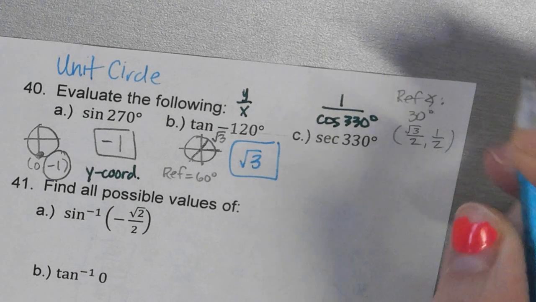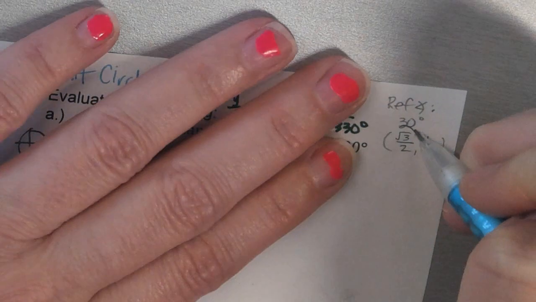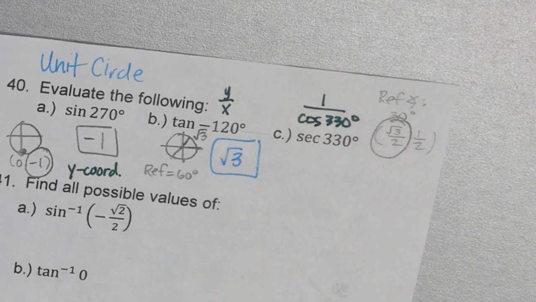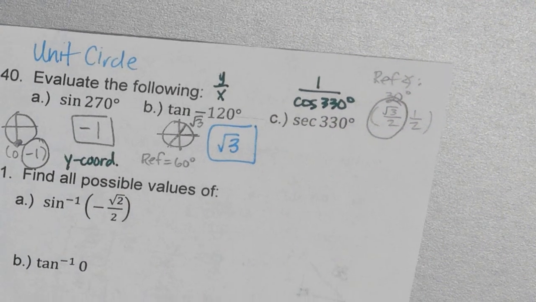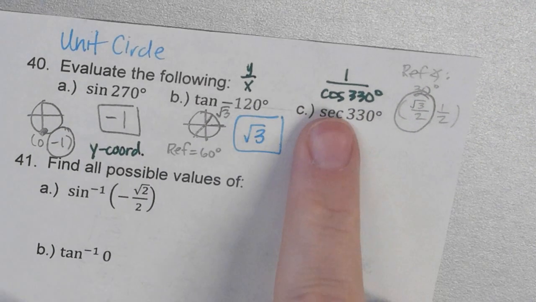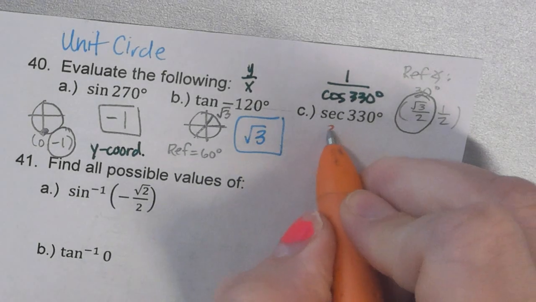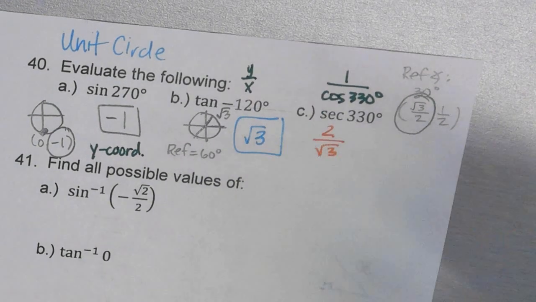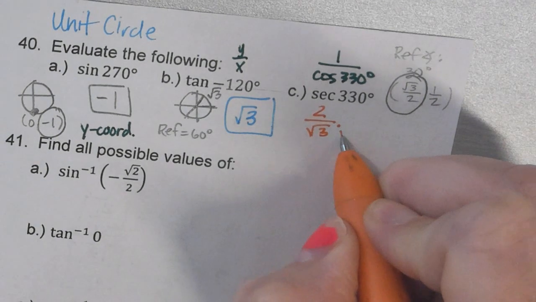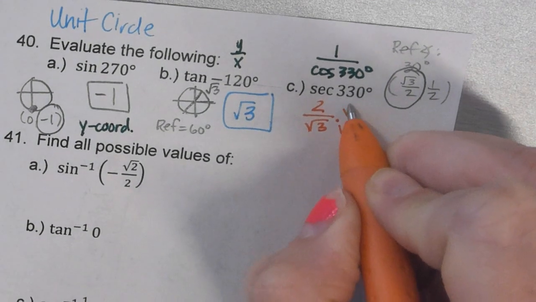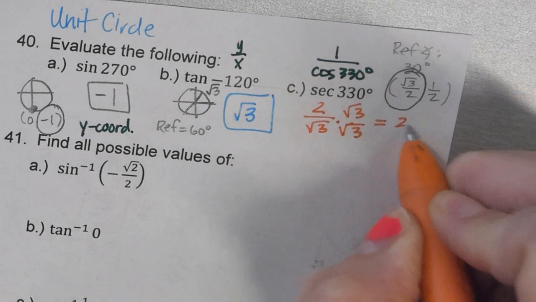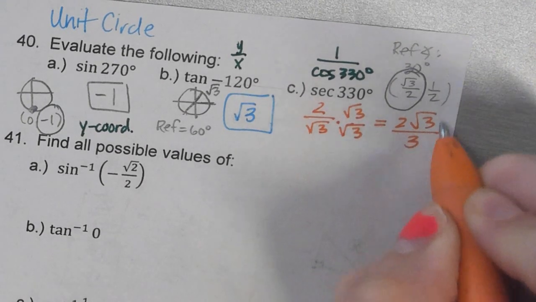We know that the cosine is the x coordinate, so √3 over 2. And then because we're doing the reciprocal, all we have to do is flip it. So it's 2 over √3. If there is a radical on the bottom, you will simplify. So it'll be 2√3 over 3.